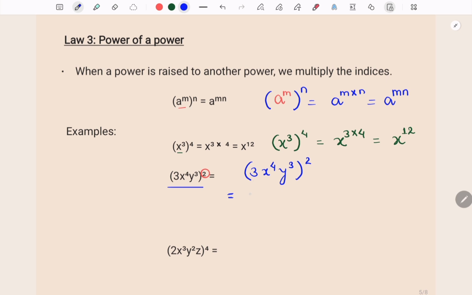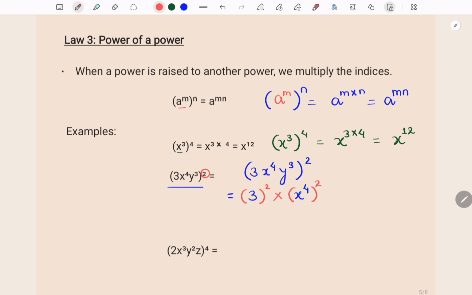So 3, let's take 3 and apply this power 2 to it. Then we have the sign of multiplication. We have x raised to the power 4 and let's apply the power.